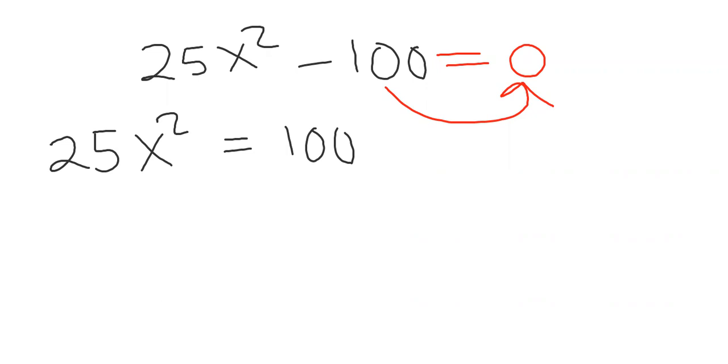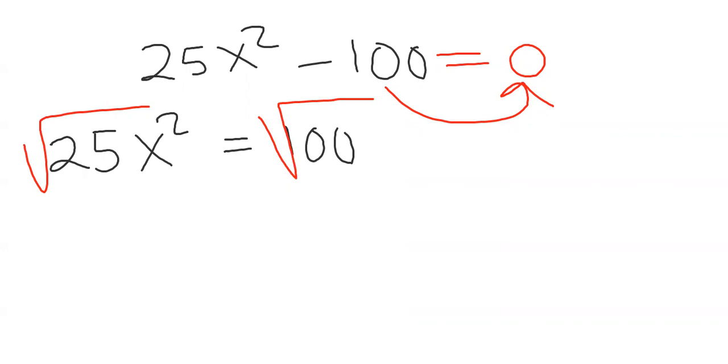Look at the coefficient of x squared and check, if you take the square root of that coefficient, are you going to get a whole number? If you are, then go ahead and insert your square root sign. And then remember, what you do on your left, you do on your right.